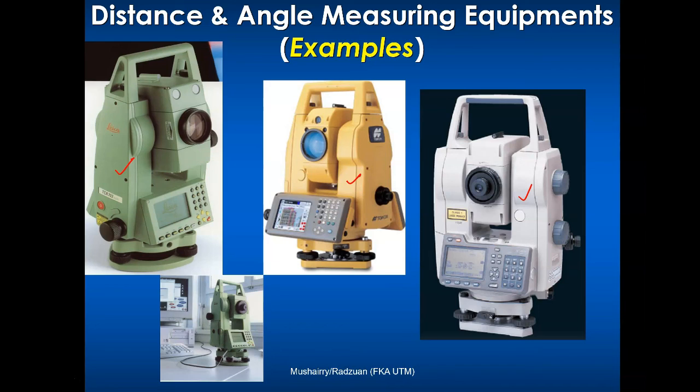They might look slightly different, but they have the same basic features: a panel, buttons for inputting data, a telescope, an EDM inside. So if you are familiar with any one of them, there shouldn't be any problem familiarizing yourself with another brand or another equipment, because they've got the same basic functions.